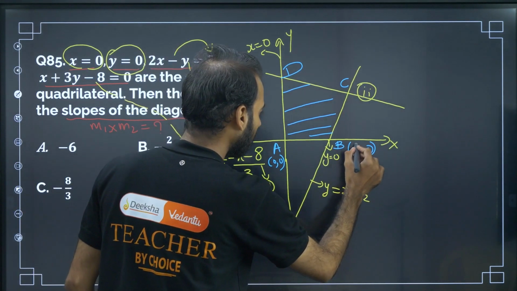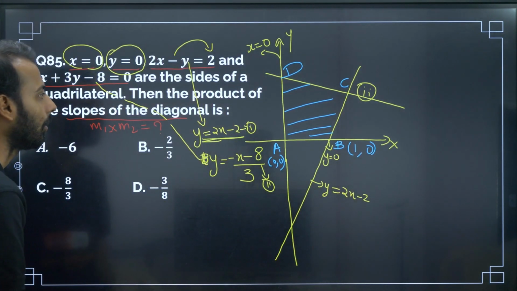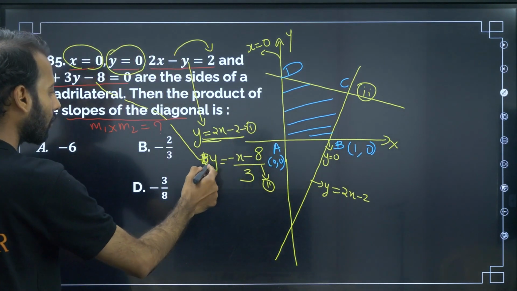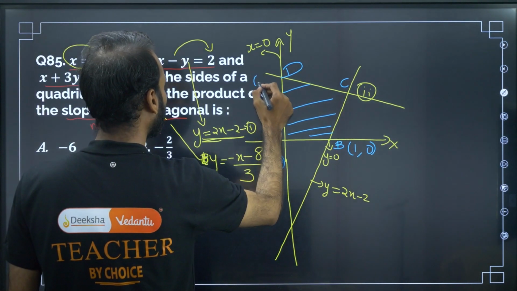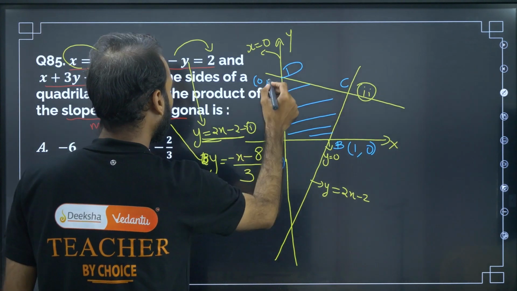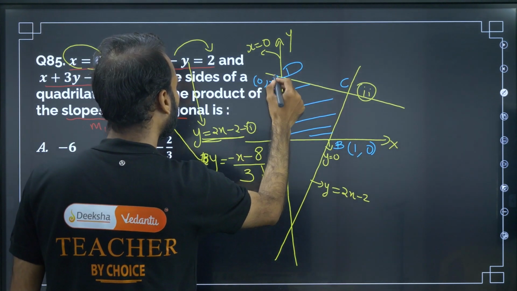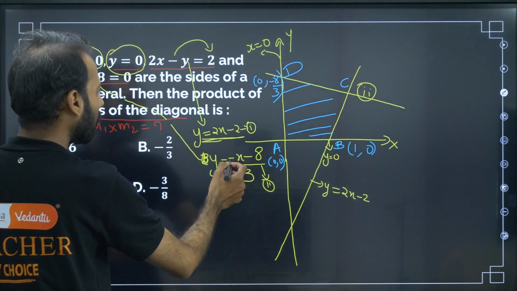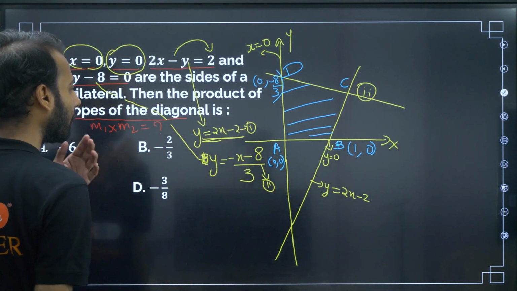That means x is equal to 1. B is 1, 0. Next, what about this point D? This point is because of this line. Here x is 0, so y is 8 by 3. So x is 0, 8 by 3 I got.